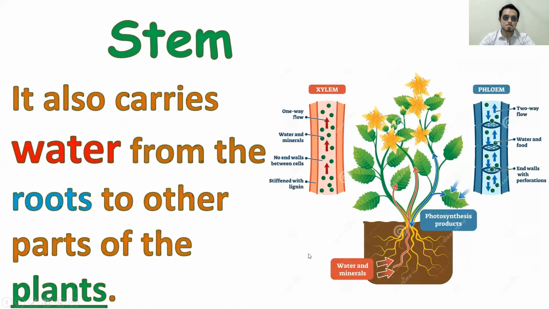As you can see here, it also carries water from the roots to the other parts of the plants. So this is also another function of the stem. Not only holding the plant to stand upright, but the stem also helps the plants to carry water and nutrients from the roots and distribute them to the other parts of the plants.